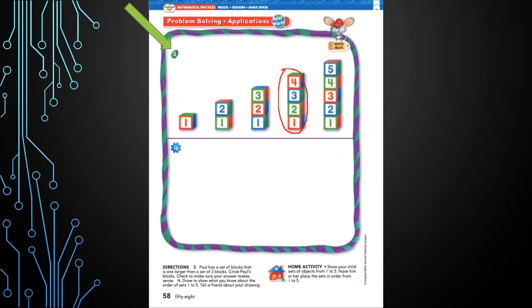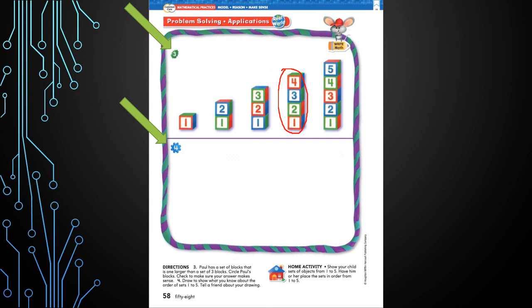Here are 3 blocks. Now, Paul has 1 larger, 1 more, 1 bigger. Which one is that set of blocks? 1 bigger is number 4. So, circle this cube blocks tower.